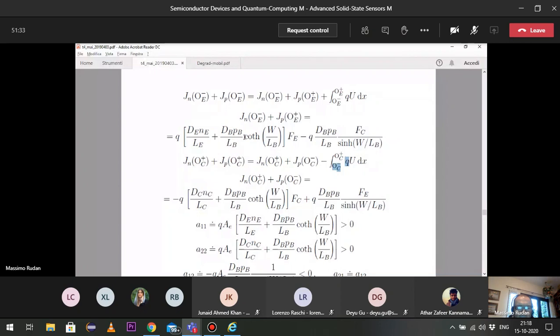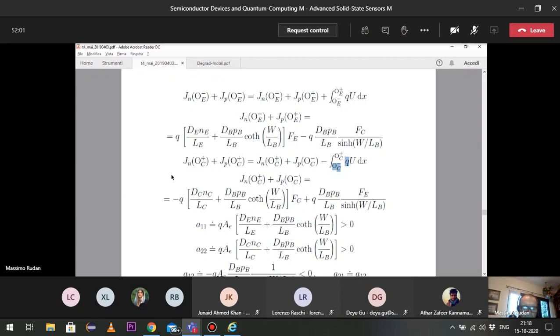You remember, in these last expressions, the terms with the hyperbolic cotangent or the hyperbolic sine derive from the base. Instead, the simpler term here, D_E n_E over L_E, comes from the emitter, and D_C n_C over L_C comes from the collector, okay?